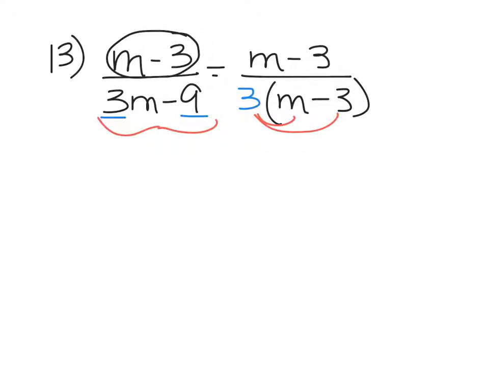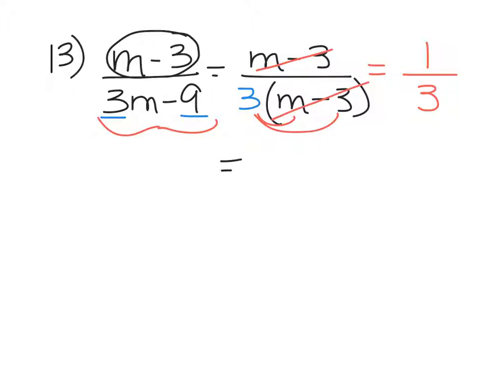So now I'm going to look at this and see what, if anything, can cancel out. And I notice that I have m minus 3 on top and m minus 3 on the bottom. When I cancel that out, that really means 1 over 3. So that is my simplified form.